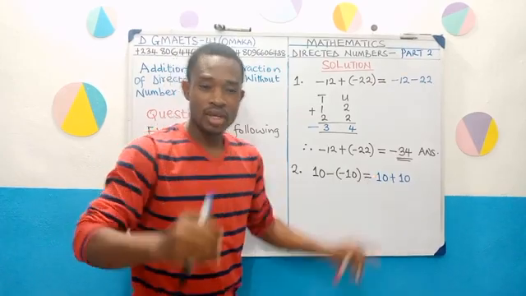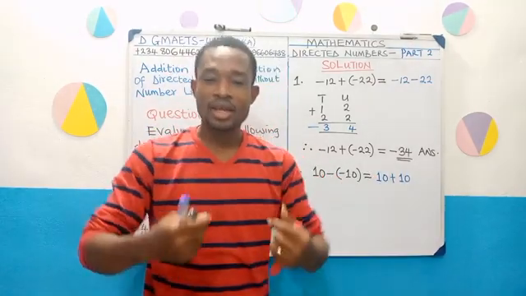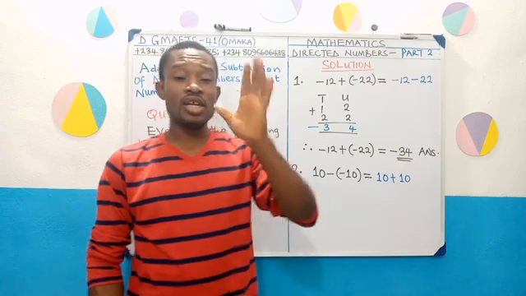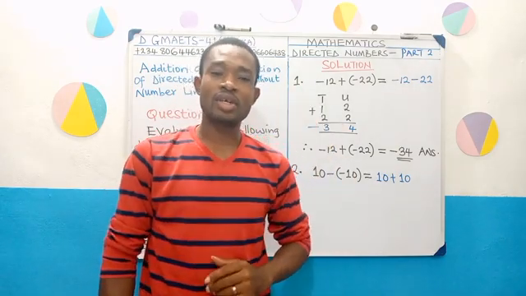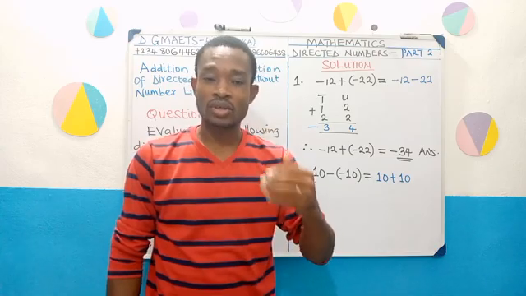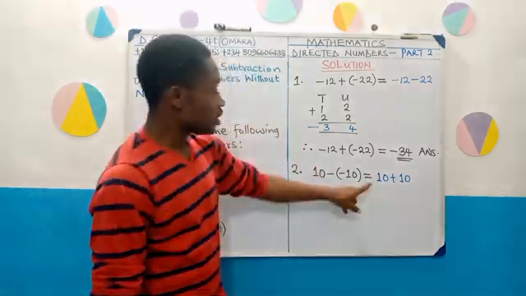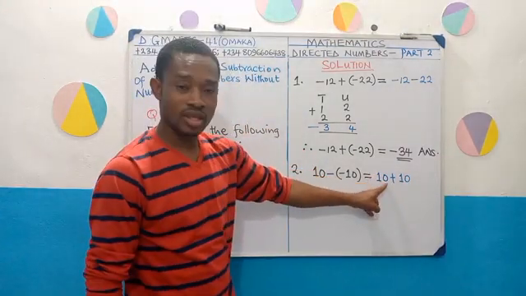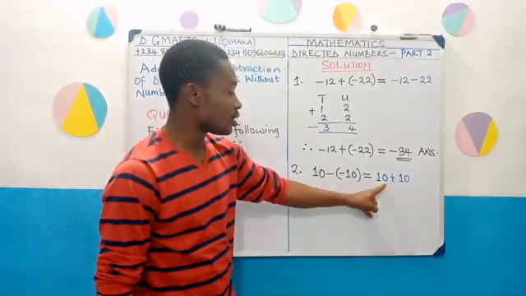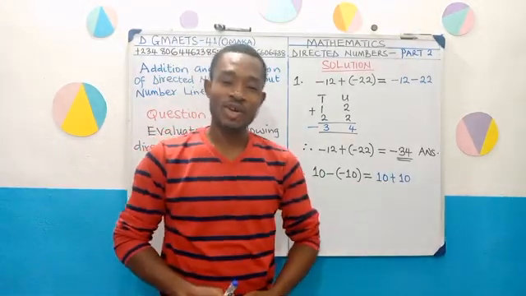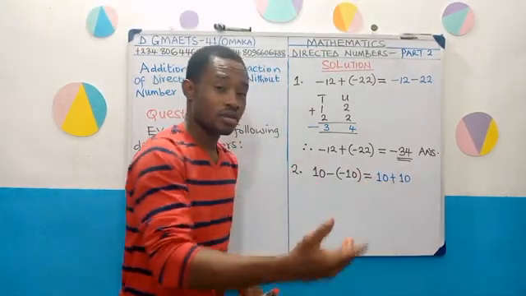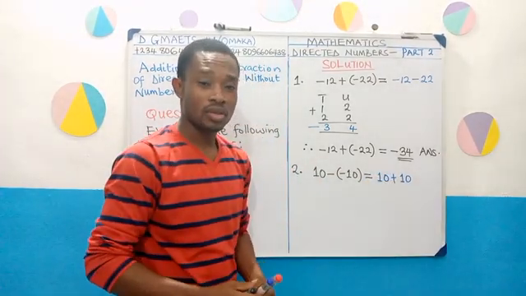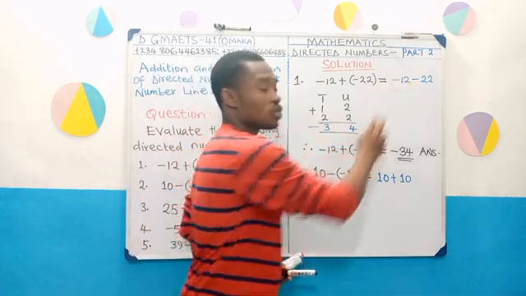No minus. Now I have said this again and again before. If I give you a number and there is no minus before that number, it means that number is a positive number. So it's going to be plus the number. So this 10 you are seeing here is the same as plus 10. So this thing is plus 10 plus 10. Okay, you notice that each of them has plus. So they have the same signs. What did I tell you when I solved this question?